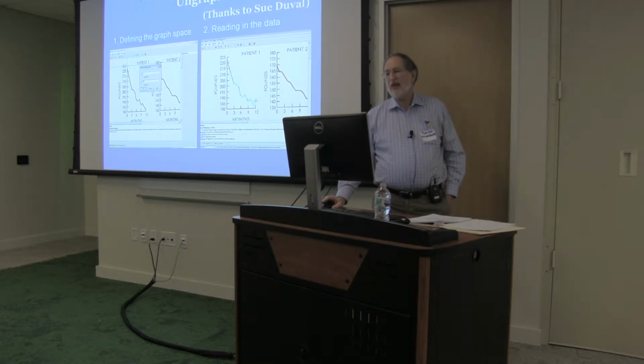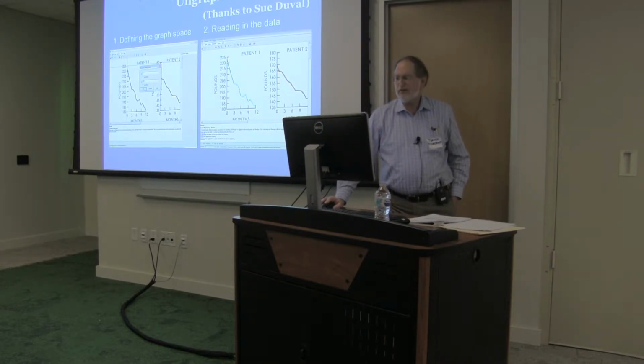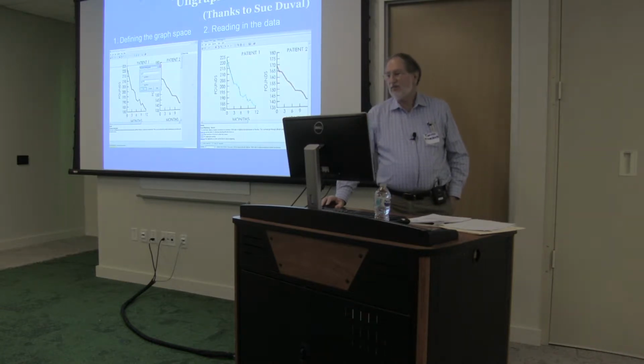There was a program called Ungraph that we used about 10, 12 years ago to read this data and translate it into numbers. So if you're interested in reverse engineering data to analyze it, you can do it.